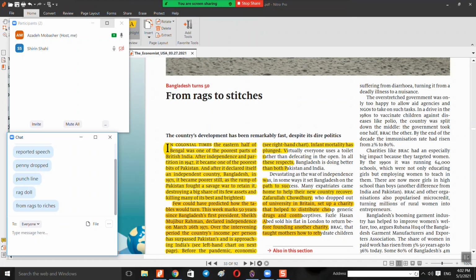In other contexts, for example, can you give me an example? My patient was in a dire condition. Very good. Or situation. Yes, in a very critical condition. Excellent.